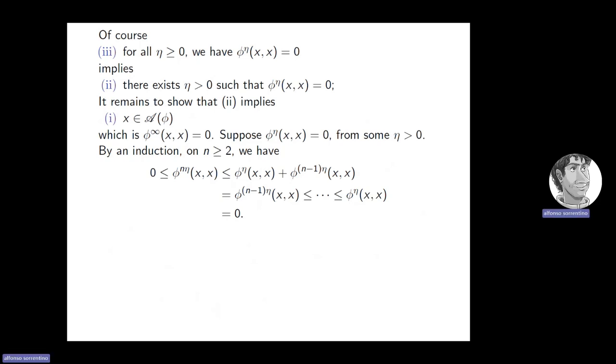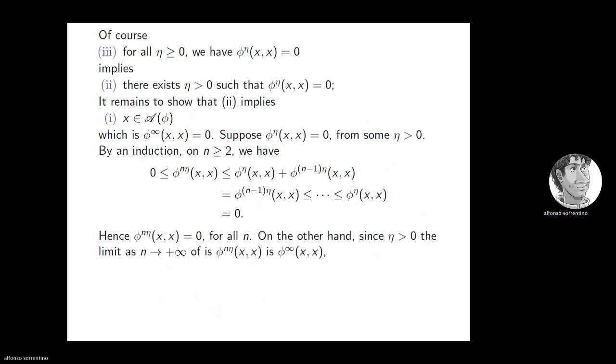So this is less, by the triangle inequality, than phi eta of xx plus phi n minus 1 eta of xx. This is 0, so it's less than phi n minus 1 eta. So we go up to phi eta of xx, and we get 0. So it's always 0, but then the limit as n goes to infinity of this subsequence goes to 0, but the sequence converges. The limit for all eta prime exists, so it has to be the same. So we get that it is 0.